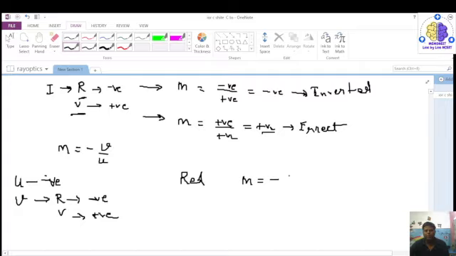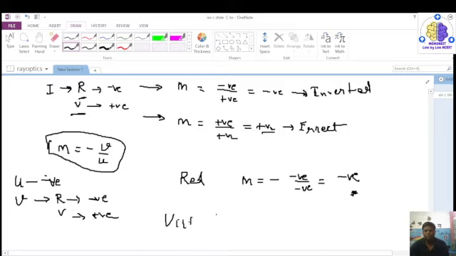So if we talk about real image formation, magnification is equal to minus v upon u. So v, for a real image, is negative, and u is always negative. So this would result in a negative. Therefore, for a real image, magnification is coming negative here also, using the formula m is equal to minus v upon u. And for a virtual image, linear magnification will be again minus v, v for virtual is positive, upon u. u is always negative.